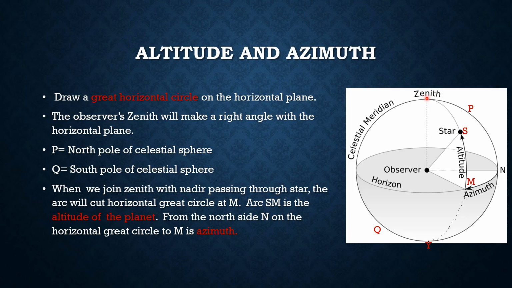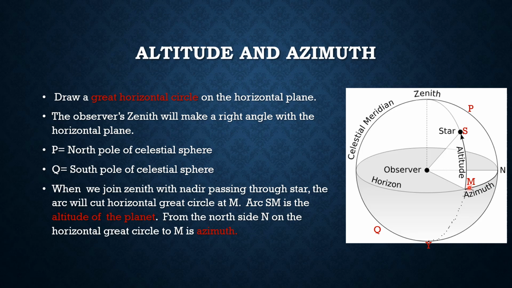So you have to join the zenith with the nadir, and then when you draw an arc passing from zenith towards the nadir, but passing through the star, the arc is going to cut this horizontal circle at some point.